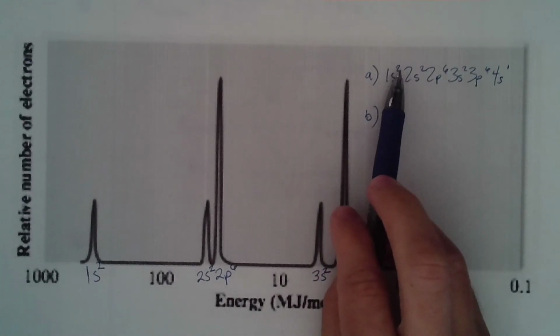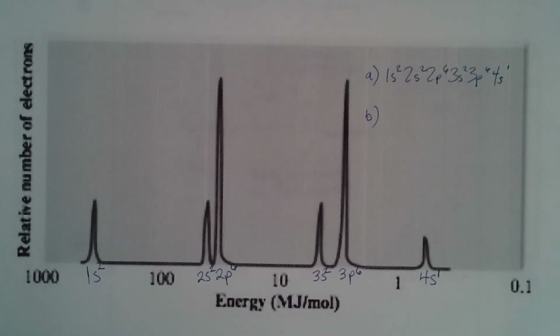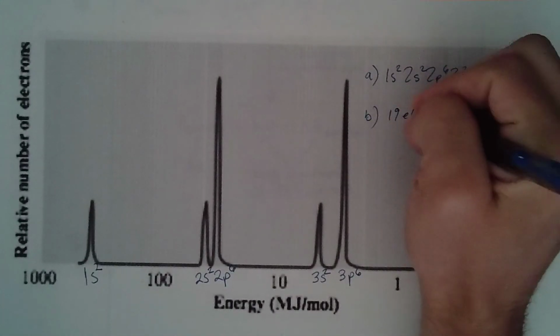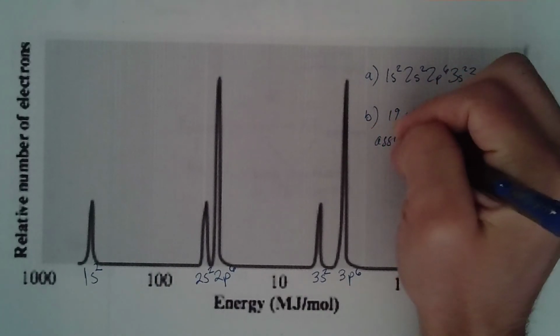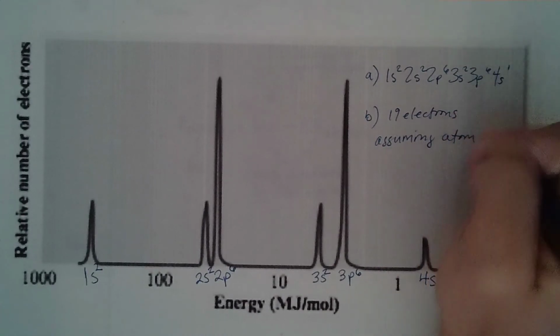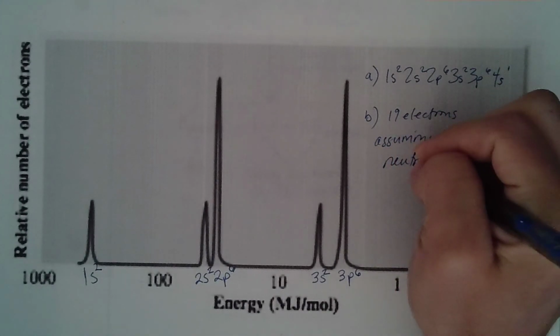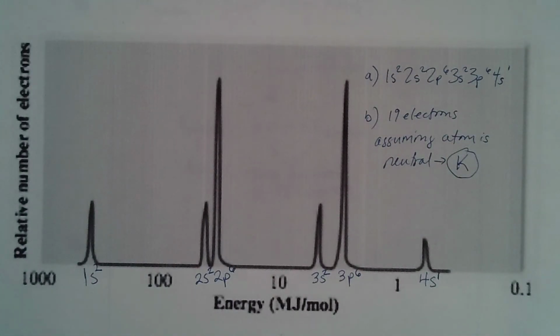There's a total of, let's see, 4, 10, 12, 18, 19 electrons here. So assuming the atom is neutral, this would be the element potassium, symbol K.